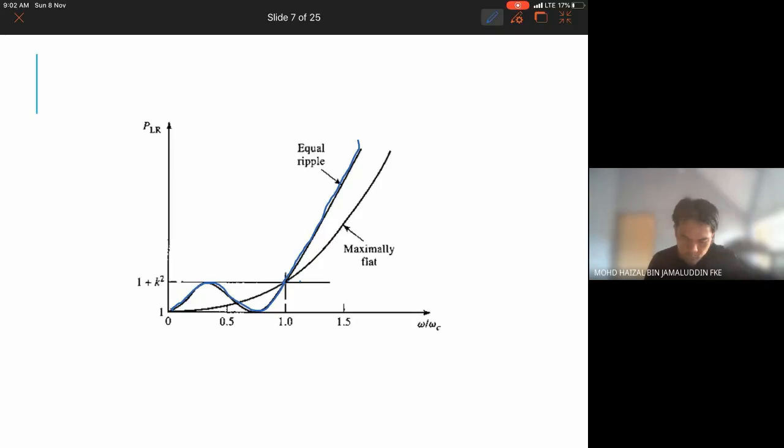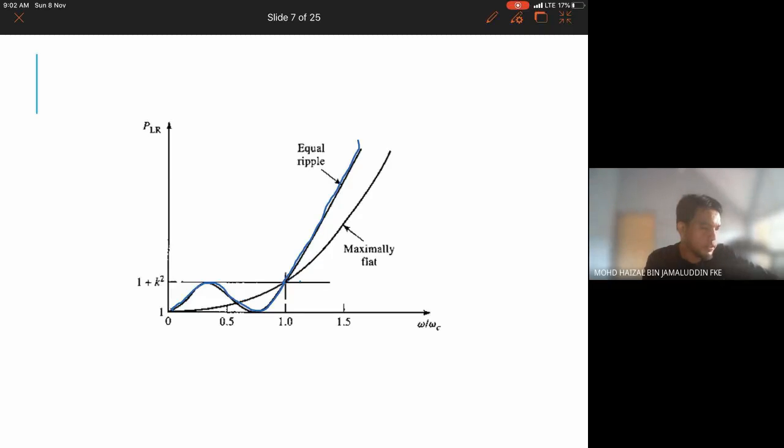But if we want to have a minimum insertion loss, okay, you can use the maximally flat type of filter. Besides these two filters, which is Chebyshev and Butterworth filter, we have the elliptical filter.